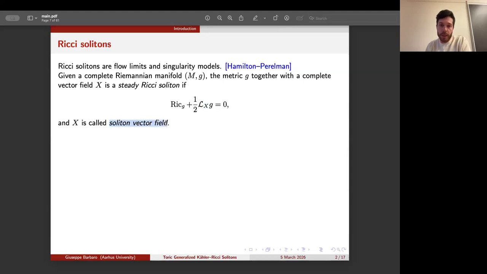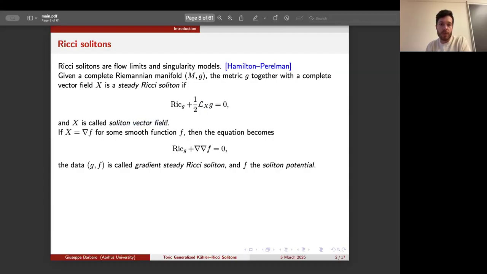An interesting case is when this vector field is the gradient of a function. In this case the equation becomes Ricci plus the Hessian of this function equals 0. We call this a gradient steady Ricci soliton, and f is the soliton potential.